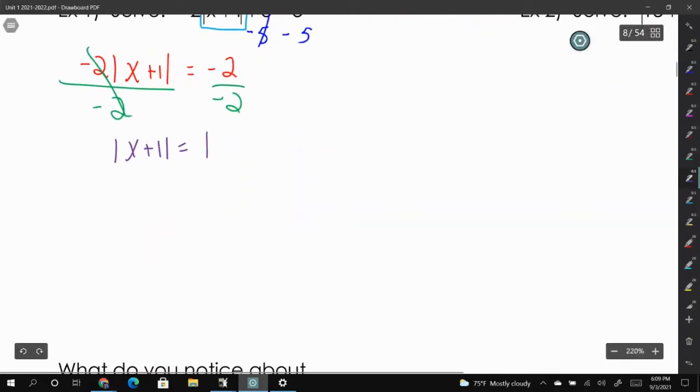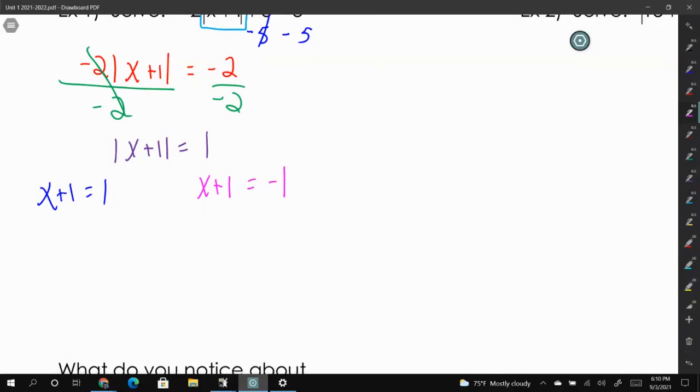The next thing we need to do is to split this up into two equations. One of them will be x plus 1 equals 1. And the other one will be x plus 1 equals -1. Because remember, once you take an absolute value, whatever you have on the inside becomes positive.